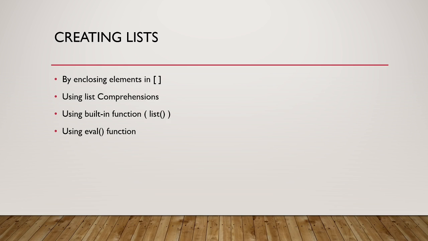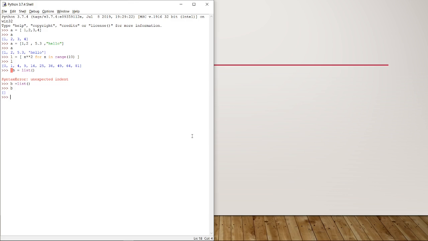Now the fourth method is using the eval function. We can use the eval function to create a list by directly entering a list in the input. Let me show you. Eval input will give a message for the user.